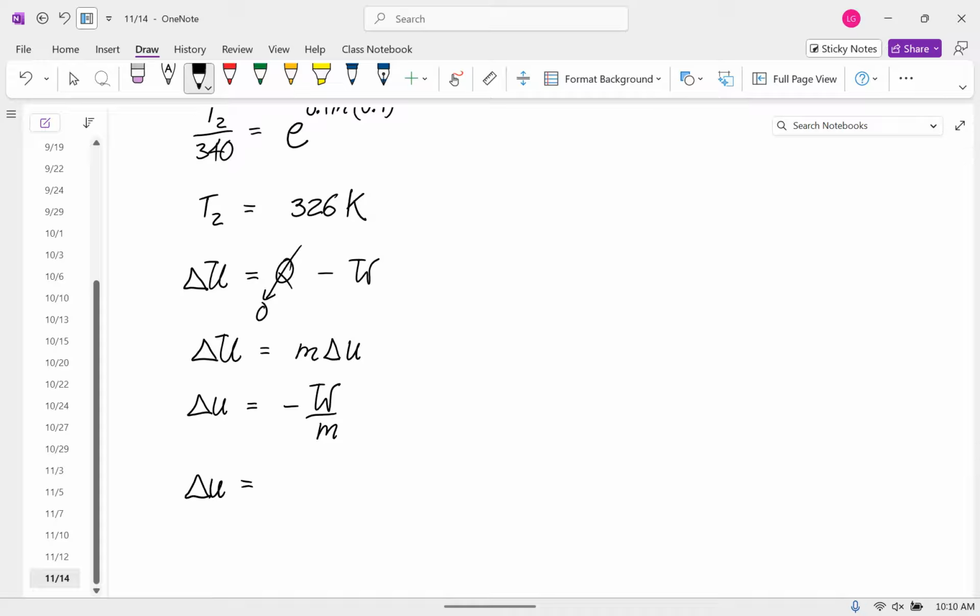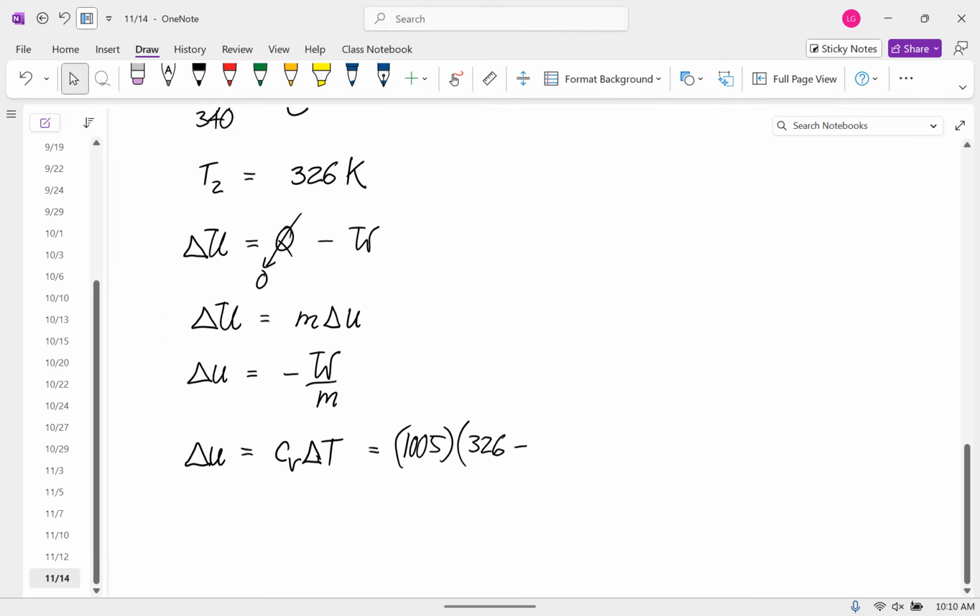This is a pretty small temperature change, so I'm going to write this as CV times the change in temperature. So that's 1005 for air times 326 minus 340.